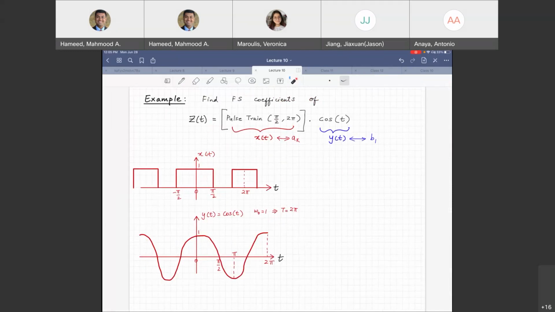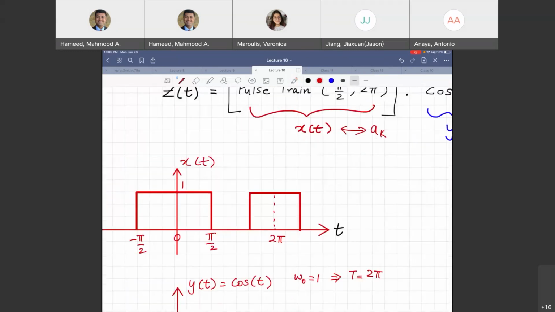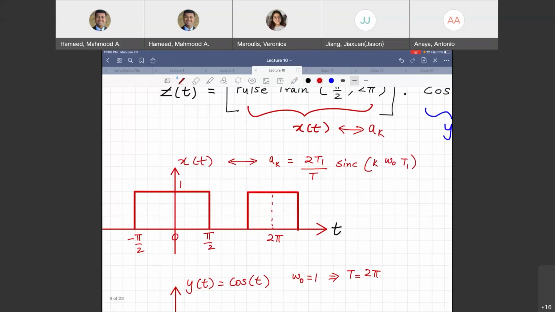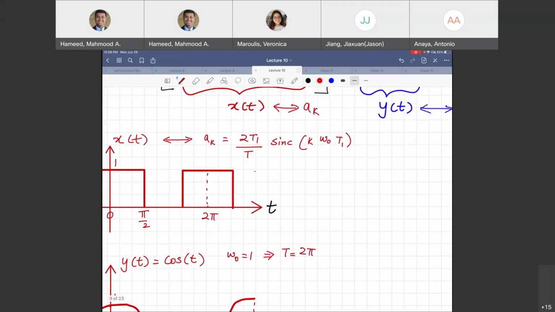All right. So let's go back. Are we in a place where we can directly find x of t Fourier series coefficients? a sub k, what is that? 2t1 divided by t sinc k omega naught t1, right? So what is t1? Pi over 2. This guy is pi sinc k. What is omega naught?